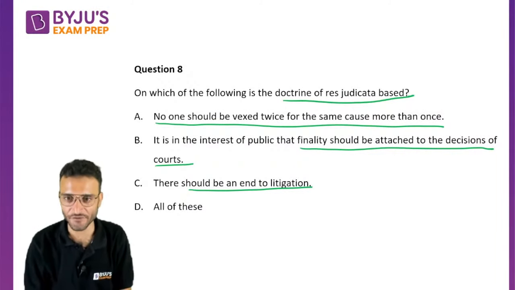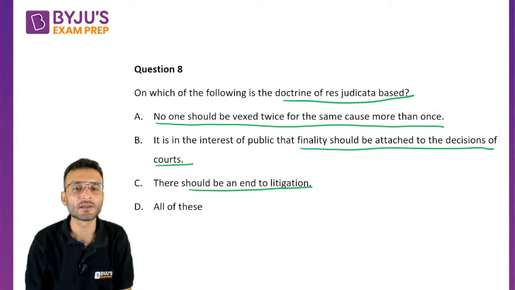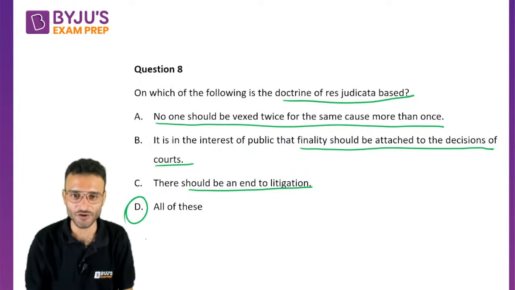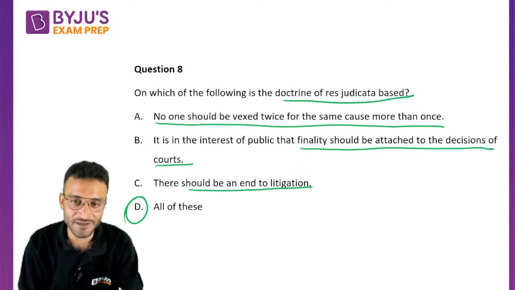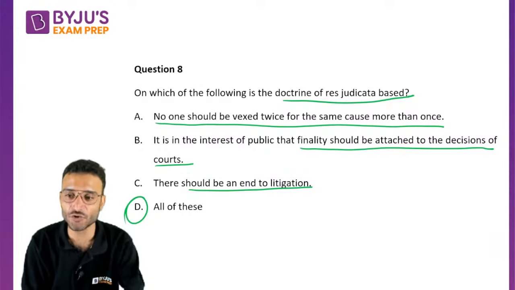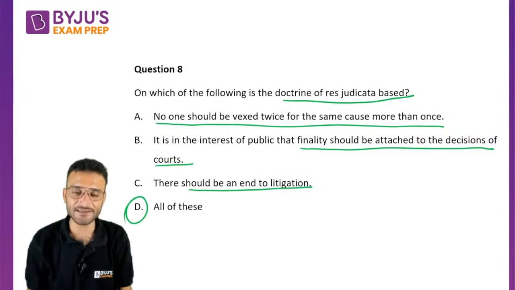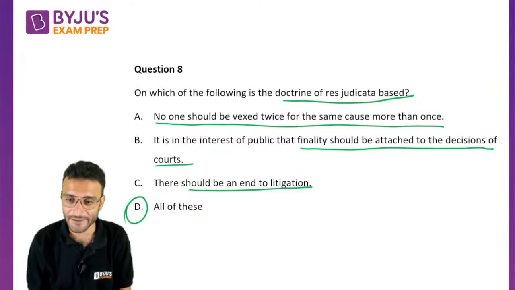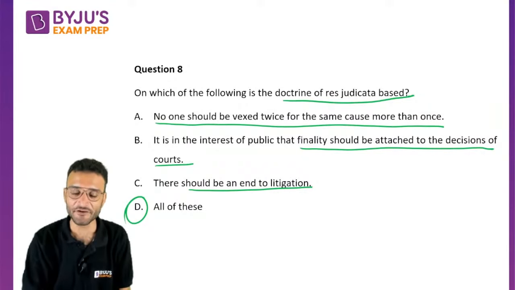No one should be vexed twice for the same cause more than once. Secondly, there should be finality attached to a decision of a court, and there should be an end to litigation. So the correct answer over here is option D. All of the above falls from the doctrine of res judicata. All these things are a product of the principle of res judicata. Is that clear to each and everyone?